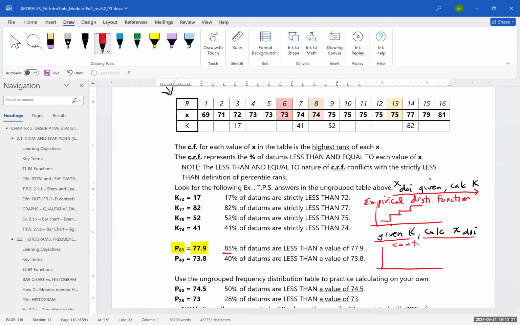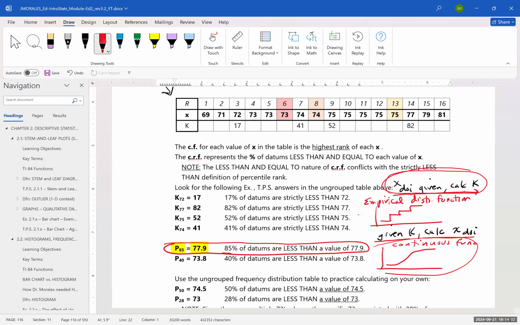So this would be a continuous function, and it'll look something like that. Because of the way that I'm teaching it here, there could be a discontinuity such as this when you're going one way to calculate percentile rank versus going in the opposite direction to calculate kth percentiles.